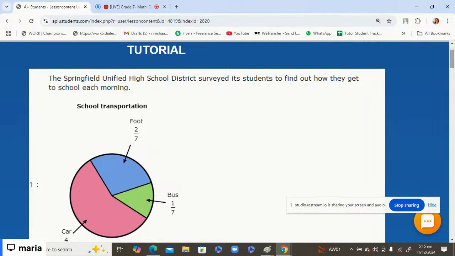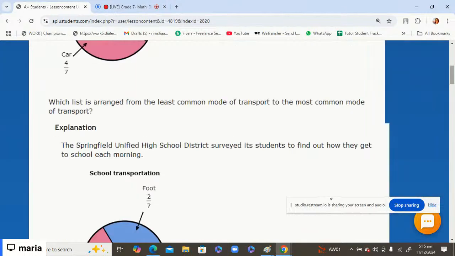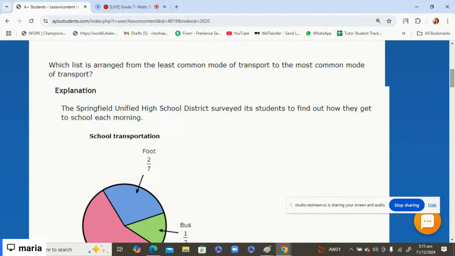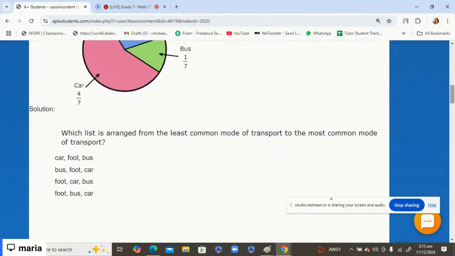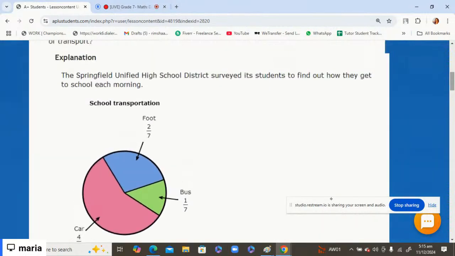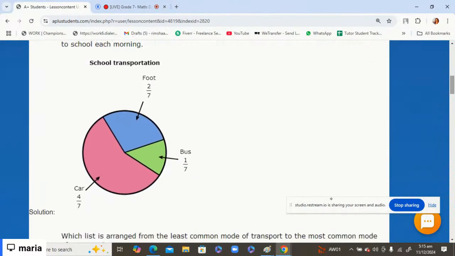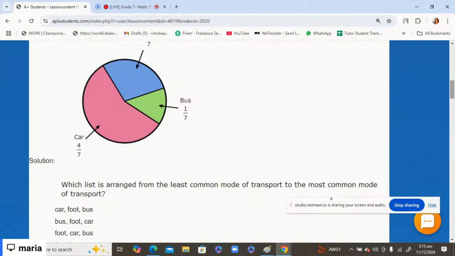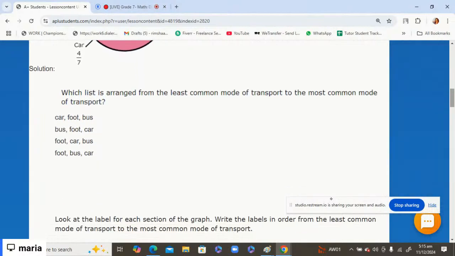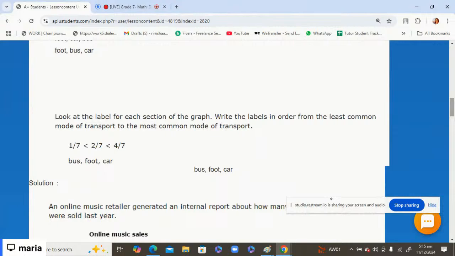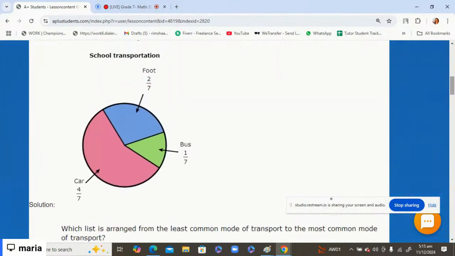For the buses, it's 1 by 7, and for the car, it's 4 by 7. Okay, which list is arranged from the least common mode of transport to the most common mode of transport? Okay, we are going to move from the least common mode to the more common mode. Look here, these are the different options: least to greatest.